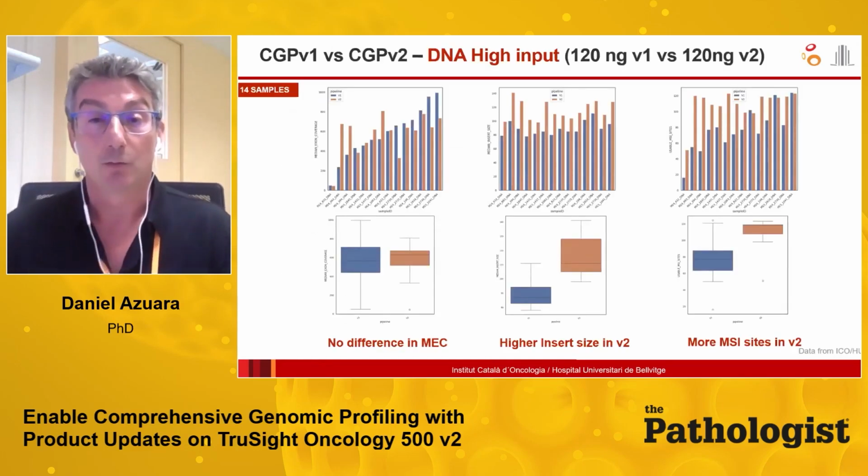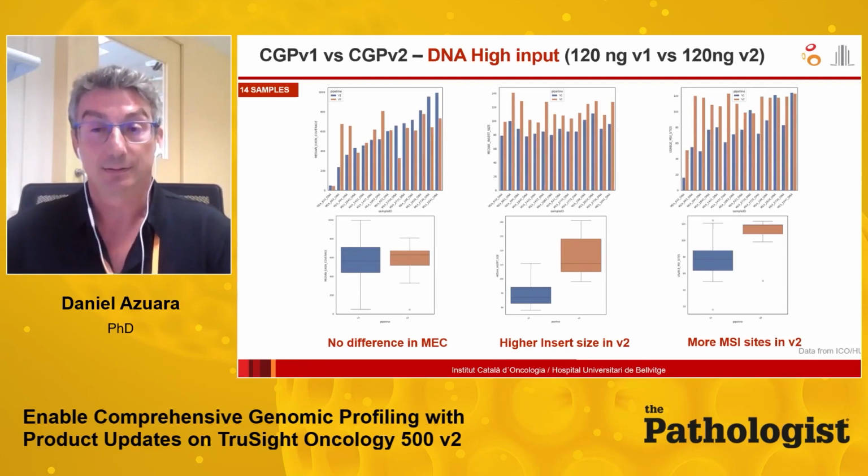In the initial comparison with high DNA input, 120 nanograms in both versions, we did not observe differences in median exon coverage. The blue bars represent version 1 and the orange bars represent version 2.